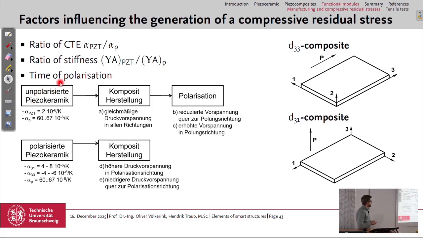We can start with an unpolarized piezoceramic, manufacture the composite, and then polarize it. With this, we have an isotropic behavior because the piezoceramic gets anisotropic after polarization only. Or we could use the already polarized piezoceramic with anisotropic behavior and therefore also anisotropic thermal expansion, and then manufacture the composite.